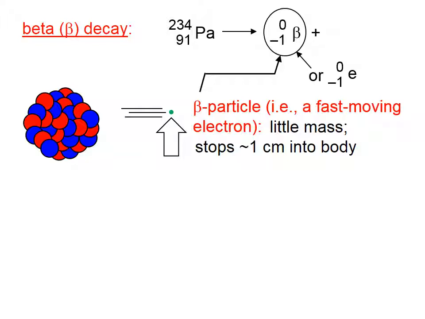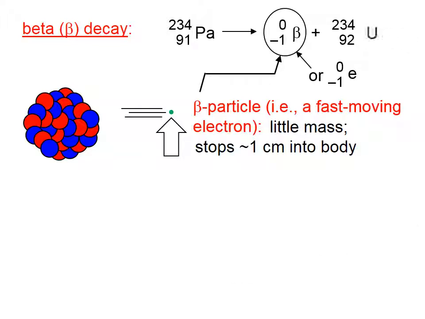Let's figure out what's left. The mass is easy to figure out. Clearly that mass is going to be 234. Now be careful with the bottom, because it's very easy to write 90 down there, but 90 is wrong, because on the bottom, on the left, we have 91, which must equal -1 plus what? Not 90, 92.